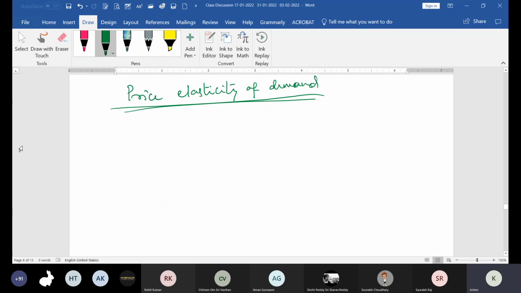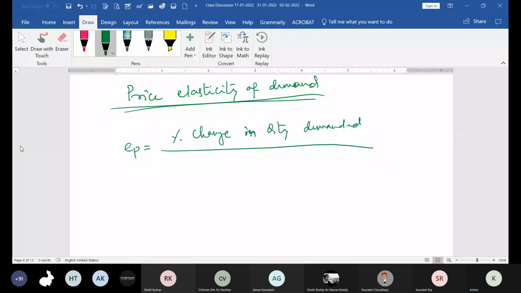So how do we express it? We can express price elasticity of demand as percentage or proportionate change. Sometimes in certain books you may find proportionate change, or percentage change. I am writing it short, but you write it in words to make it complete: percentage change in quantity demanded for a commodity divided by percentage change in price of the commodity.